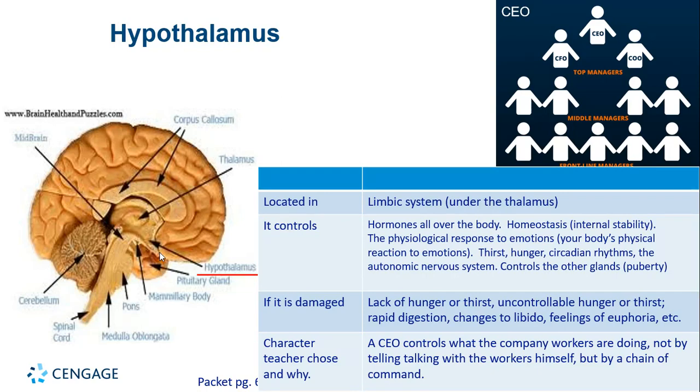Because it controls your hormones, it controls anything that has to do with hormones, homeostasis, your ability to maintain a stable balance in hormones, and then physiological responses like emotions, your body's physical emotions, not your mental emotions like, oh, I think I'm sad, but your body's response: muscle tension, how fast your heart's beating, whether you feel sort of gross in your body or light, thirst, hunger, sleep patterns, a lot of your autonomic nervous system things.